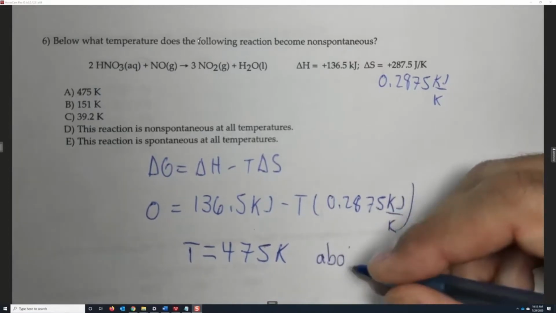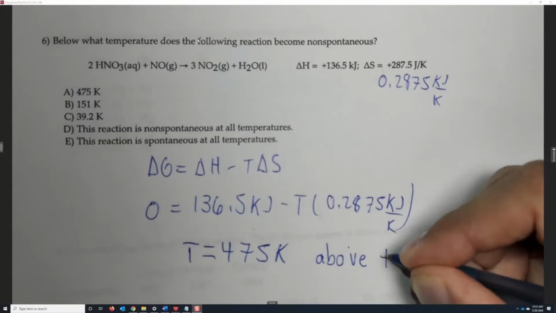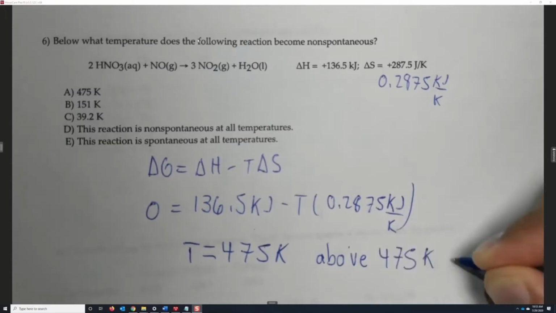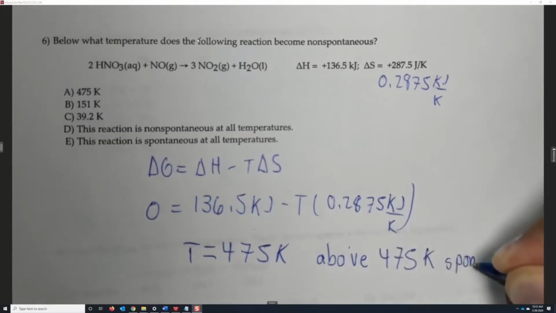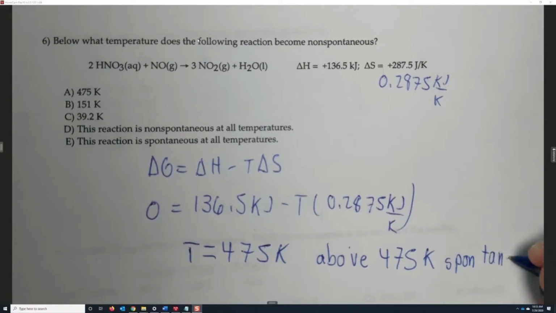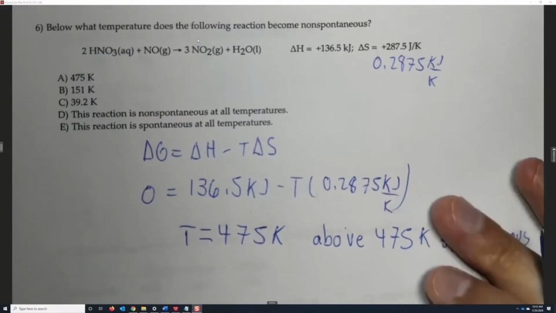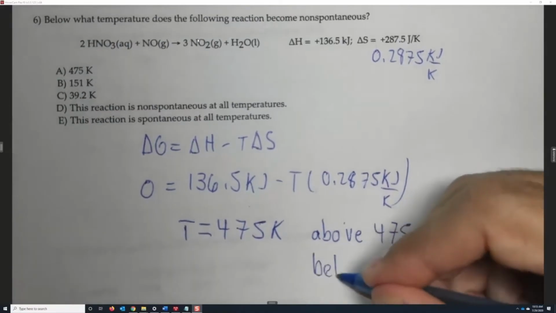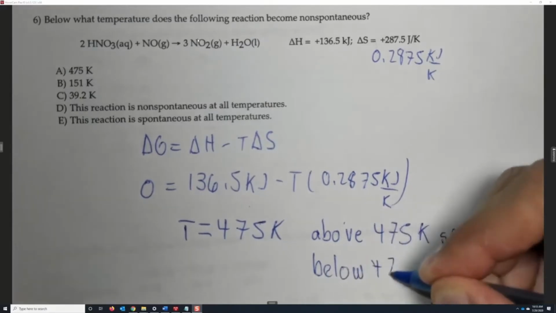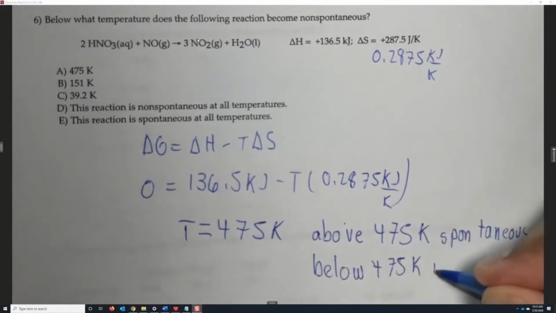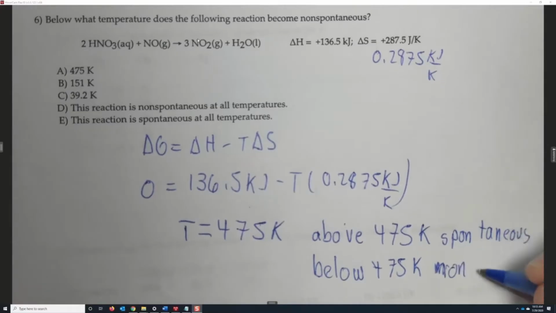Above 475 K, this reaction is spontaneous. Below 475 K, this reaction is non-spontaneous.